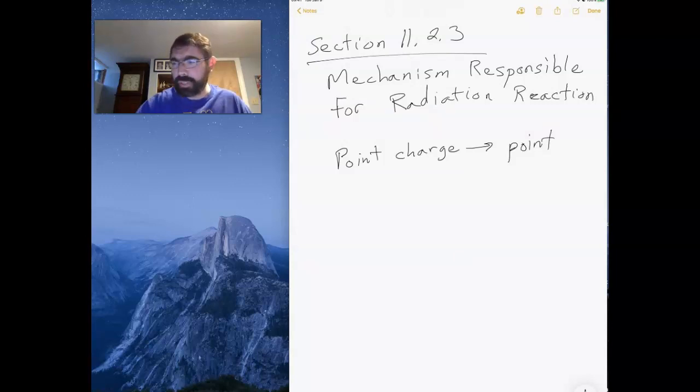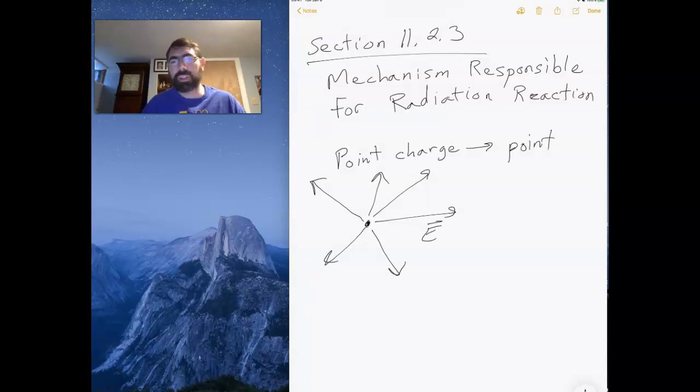If this was my point charge and this was my electric field emanating from it, if it's just a static point charge, then by Coulomb's law, once you get to this region where the electric field attaches to the point, the strength of the electric field asymptotically grows to infinity. So we have this weird occurrence where we have an infinitely strong electric field attached to a single point in space.